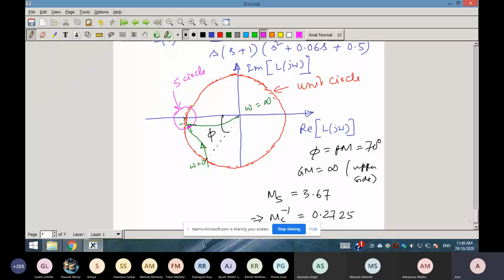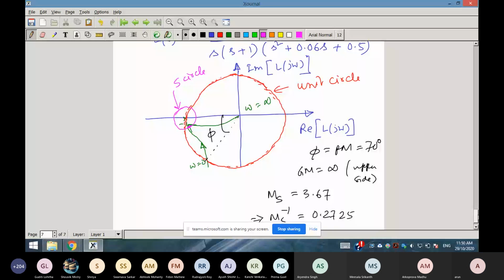So we have to have some relation between MS, phase margin, gain margin, which will guarantee that if MS is less than or equal to say 2, then we can always guarantee gain margin greater than 2, phase margin greater than 30 degree kind of thing. So what is that relation?